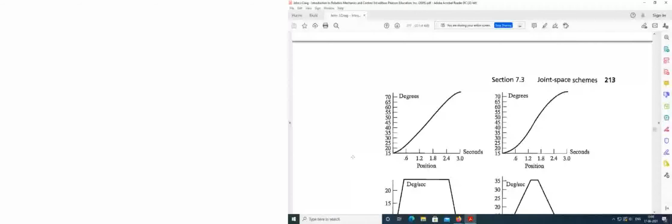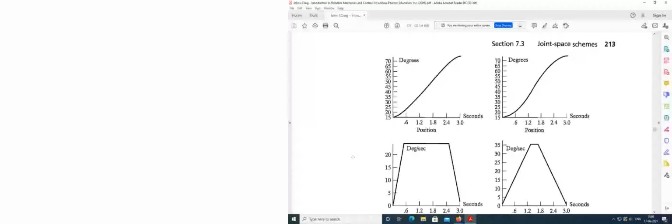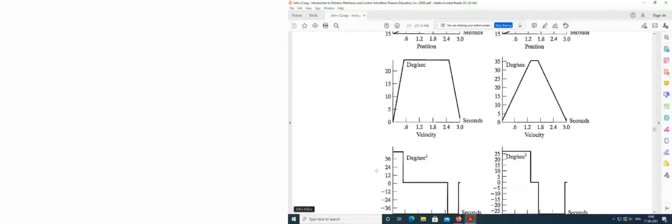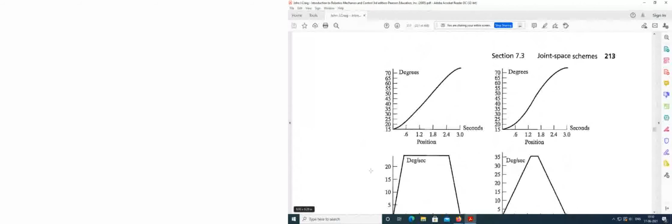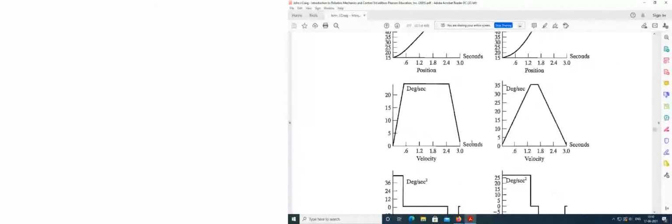In this picture, it's shown how the position, velocity, and acceleration will look in different segments and different polynomial schemes.